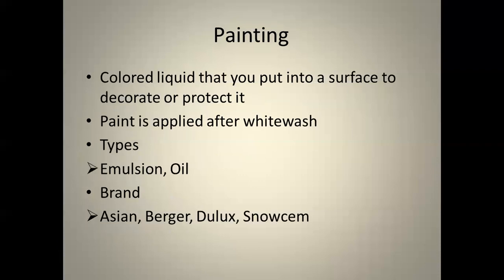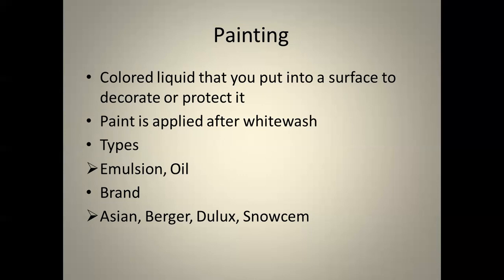So next we will see what is painting. Paint is the colored liquid that you put onto a surface to decorate it or protect it. This process is known as painting. Paint is applied after the whitewash. We have two types of paint, that is emulsion paint and oil paint. Emulsion paint is a water-based paint.